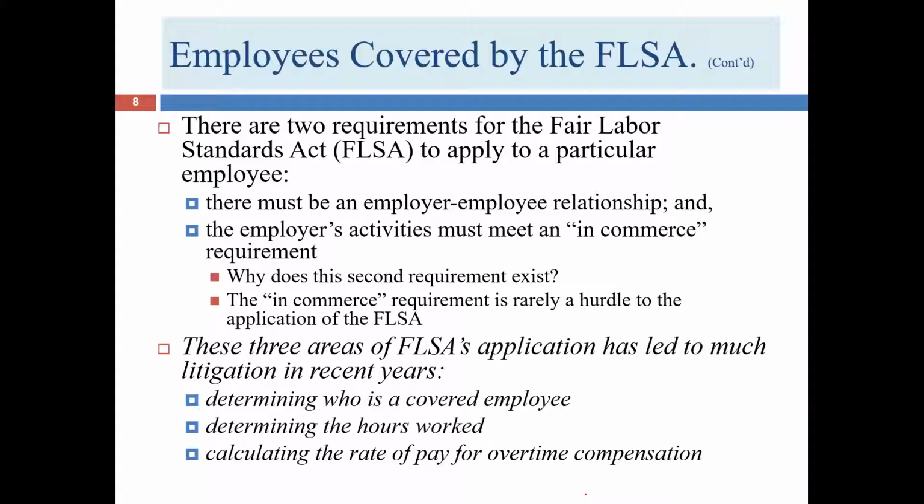Or perhaps I am able to earn a commission at certain points, and I therefore earn an additional amount that particular week. Or perhaps I get a bonus for having perfect attendance or something like that, and it's paid on a particular week. That can affect the rate that will need to be multiplied by 1.5 times to calculate my overtime rate. So there can be lots of interesting issues with that.